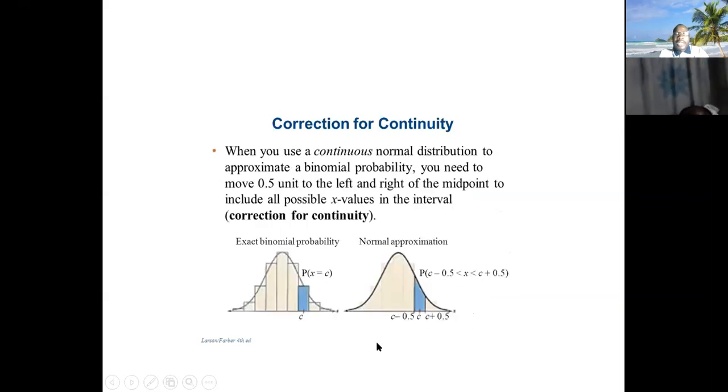Now if you go to the next slide, we know this is not actually smooth. For it to turn to normal distribution and become continuous, look at this blue area. If you superimpose the normal distribution, look at the space here.